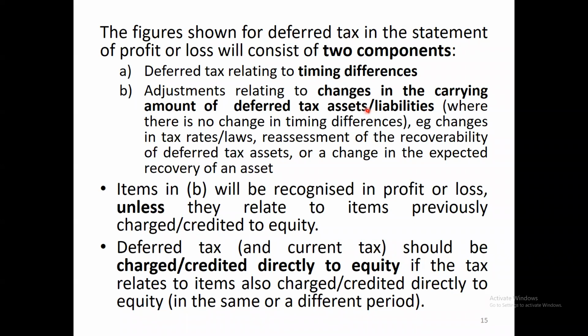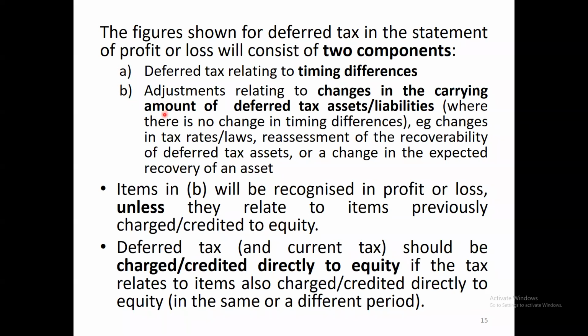As I told you, changes in tax rate or changes in government policy will bring a change in the carrying value of deferred tax assets or liabilities, where there is no change in timing differences. So timing differences are considered in A.